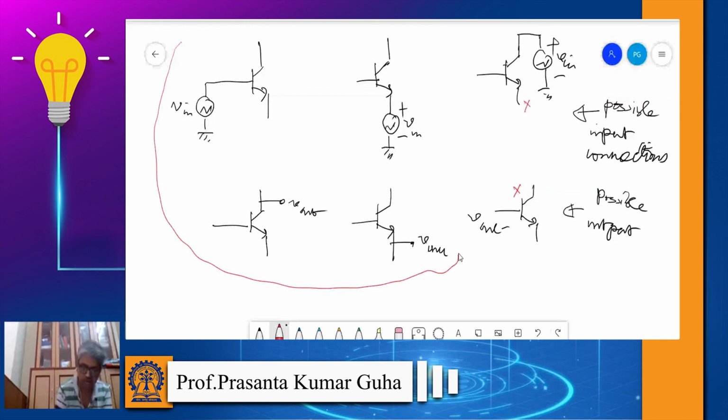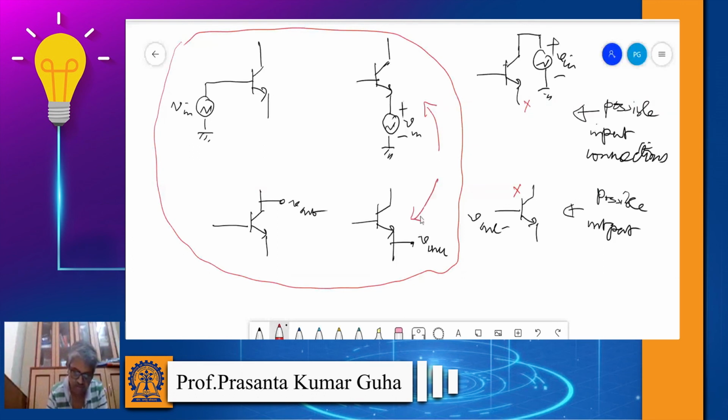What about the combination here? This particular combination also doesn't make any sense, because here we are applying the input signal at the emitter, and we also look at the output at the emitter.